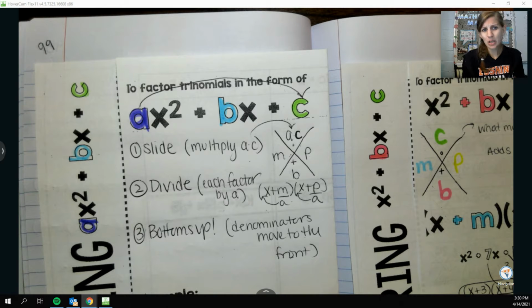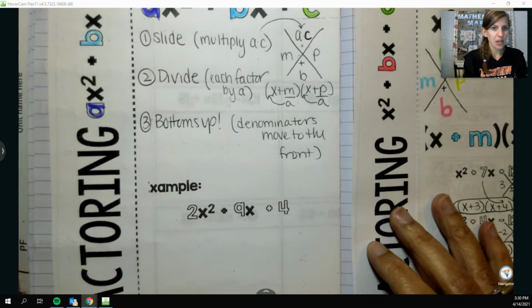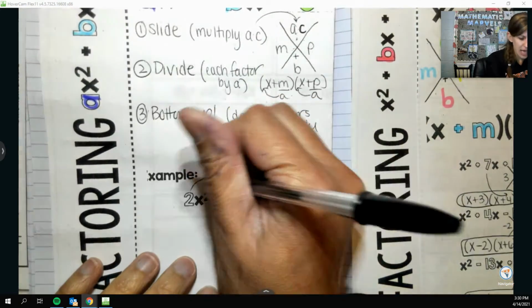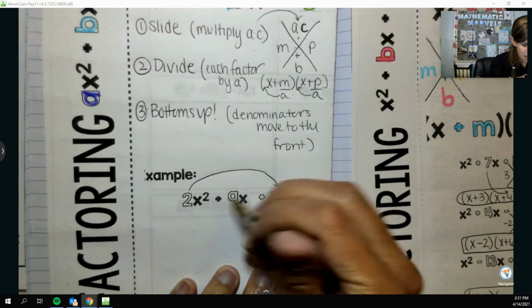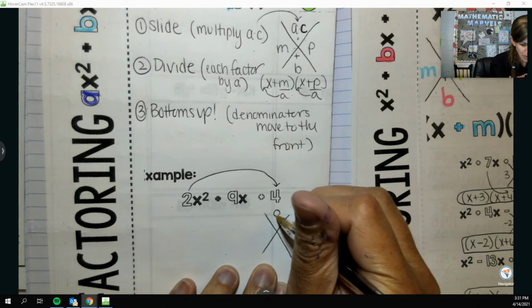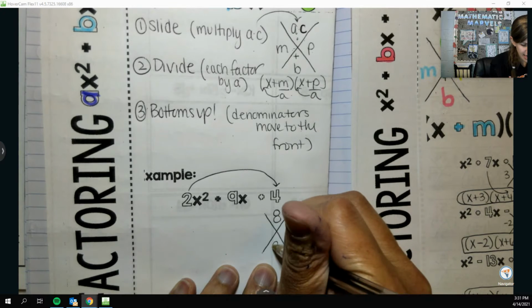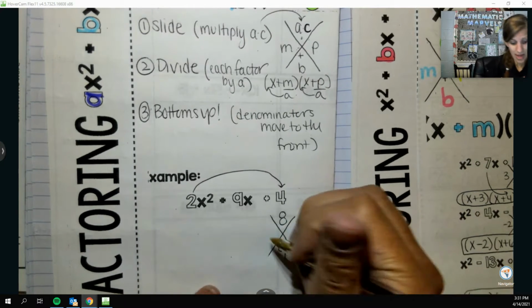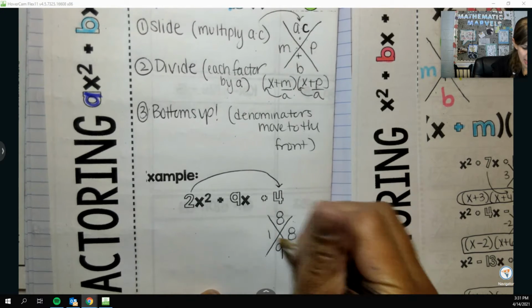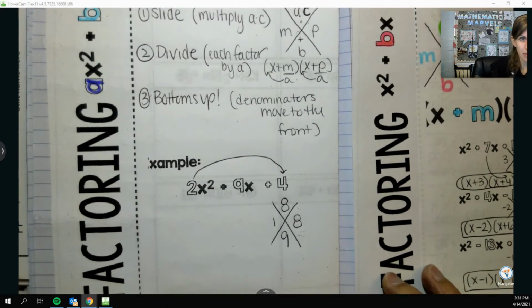So again, it's always weirder with letters. Let's just do it with numbers. So for example, I'm going to slide that 2 over. And we're going to be thinking 2 times 4 is 8. Well, what multiplies to 8 and adds to 9? So 8 and 1 will multiply to 8 and add to 9.